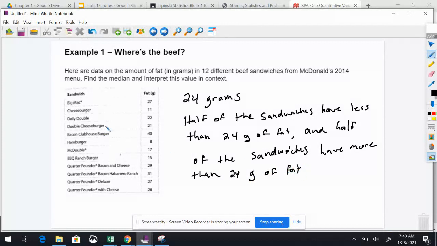So that would just be interpreting the data and explaining it in words. That's what it means there.